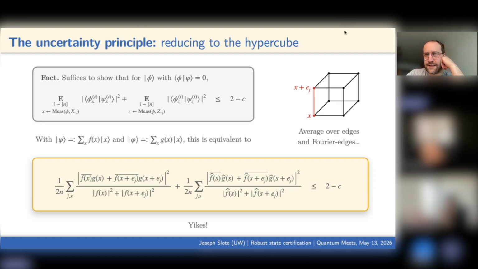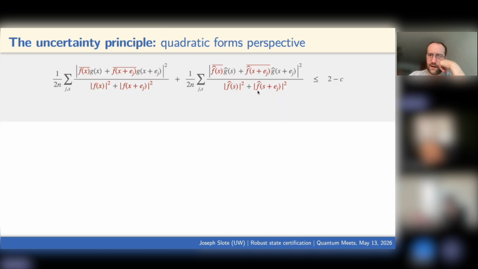I'm saying edges simply because we're always taking f with g at a point S, and then f with g at a point S plus e_j. That simply means moving along an edge. So you can think of it as some quantity that's being measured over all the edges of the cube plus the same quantity over all edges of the Fourier cube. Okay. And we'll use some colors just to distinguish between f and g here.